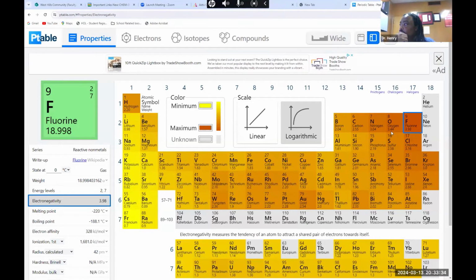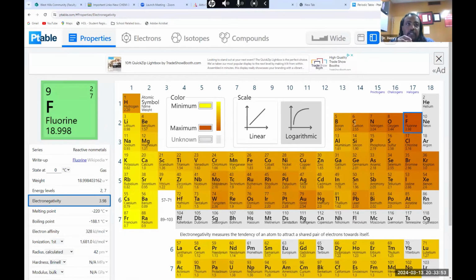Then oxygen is 3.44. But you can see that carbon and hydrogen are 2.0 and 2.50, so oxygen has a stronger pull than that.